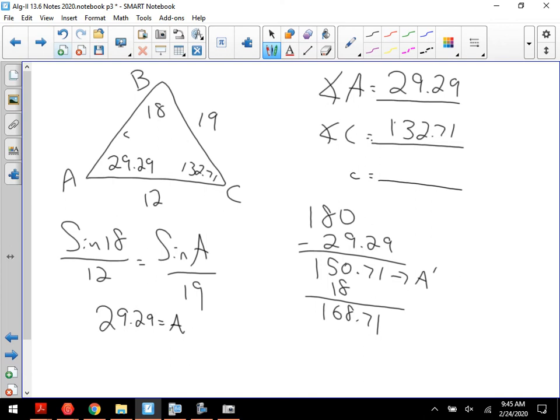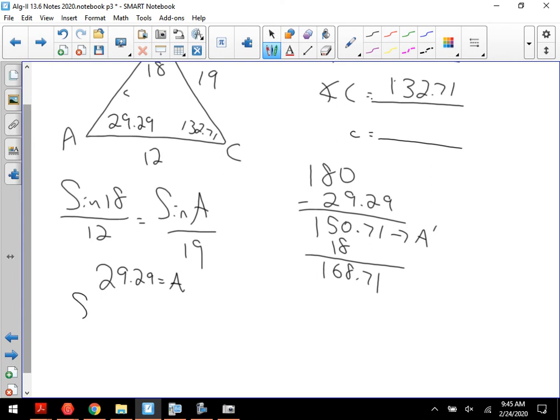And now I have to do law of sines one more time to get side C. So that's not bad. Sine of 18 over 12 equals sine of 132.71 over little c. I'm going to set up and solve for the first triangle before I worry about redrawing the second one. 12 sine 132.71, enter, divided by sine 18, enter.